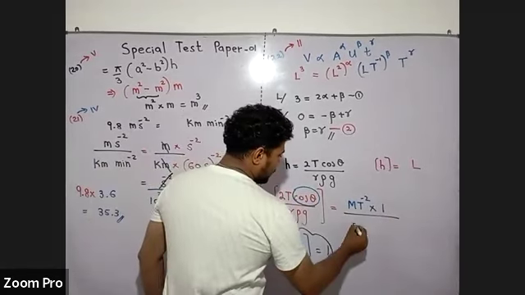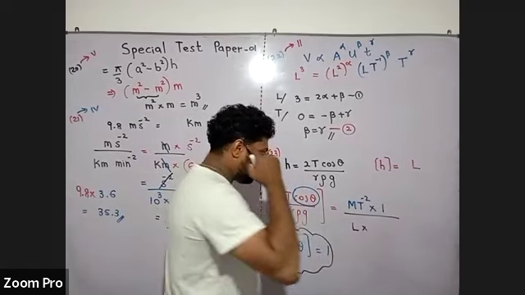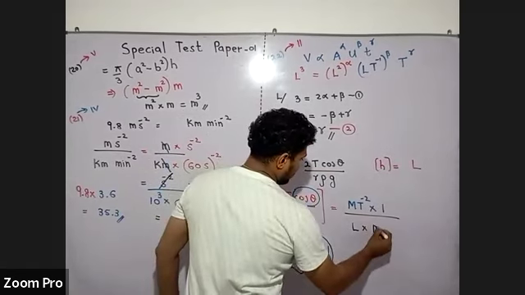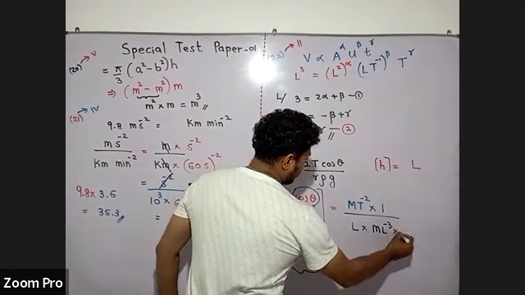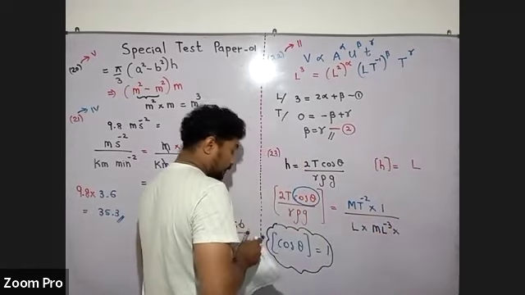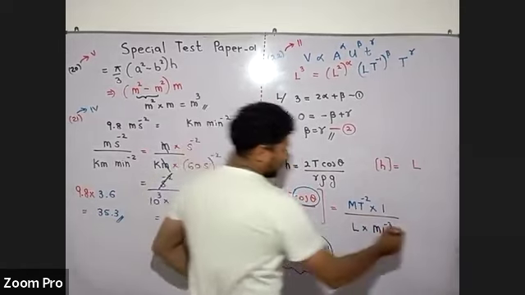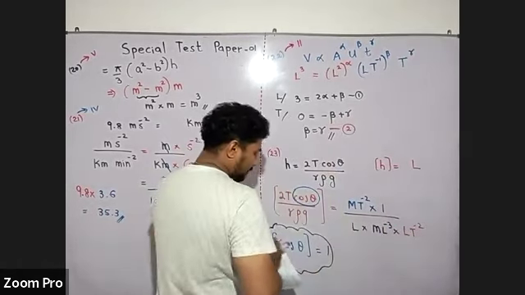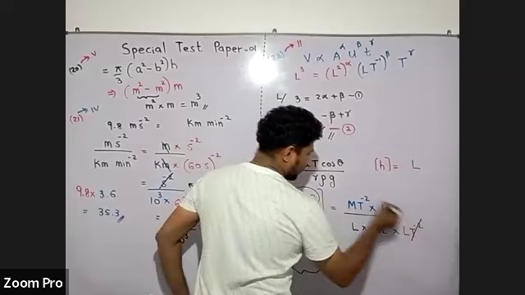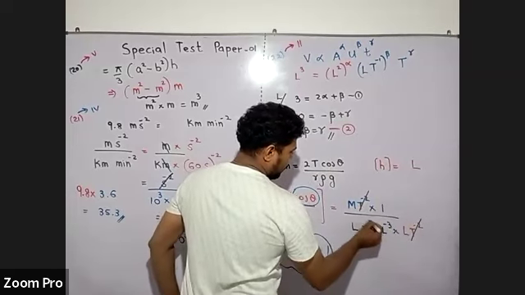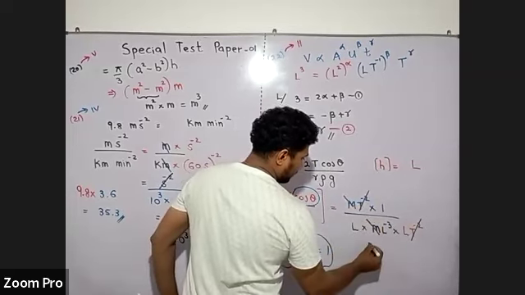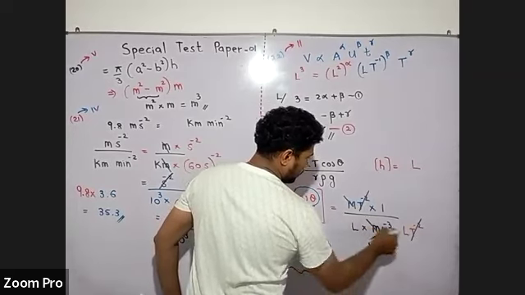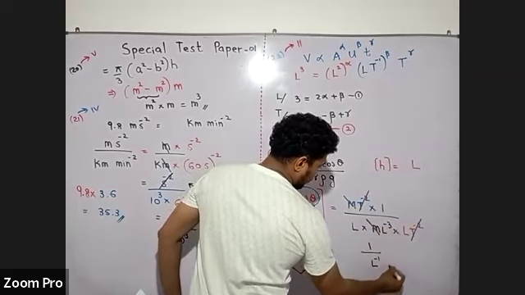Now r means radius, that is L. Rho means density, so this is the dimension of density. G means gravitational acceleration, so it should be LT minus 2. If I simplify further, T minus 2 is cancelled, M is cancelled, then 1 over L minus 1.